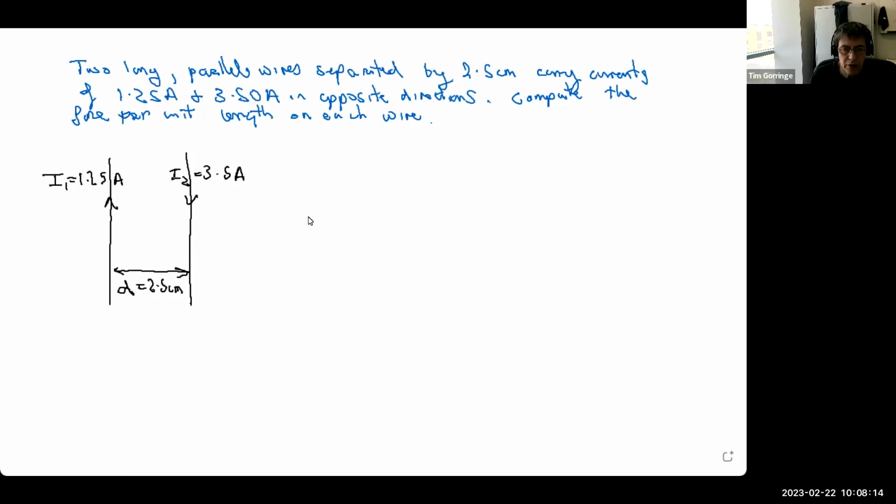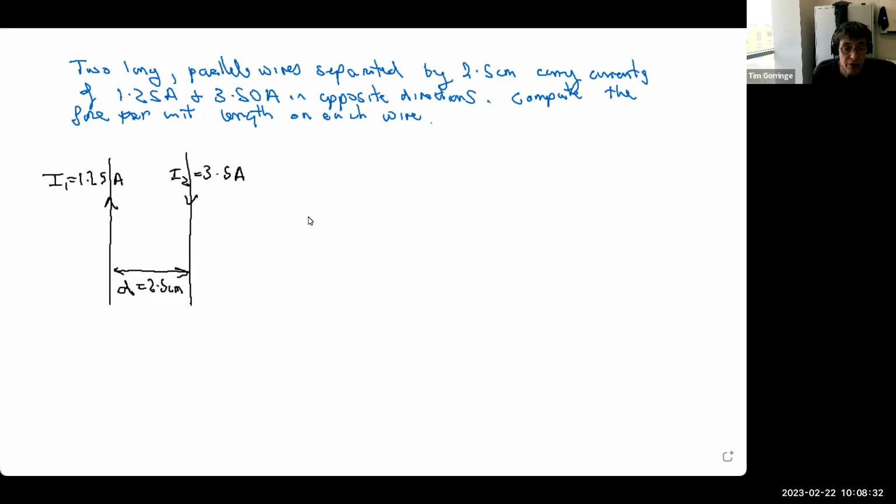I wanted to work through an example that involves the magnetic force between two current carrying parallel wires. This is a famous, important example of magnetic forces.